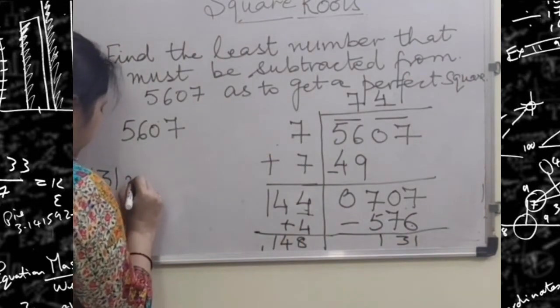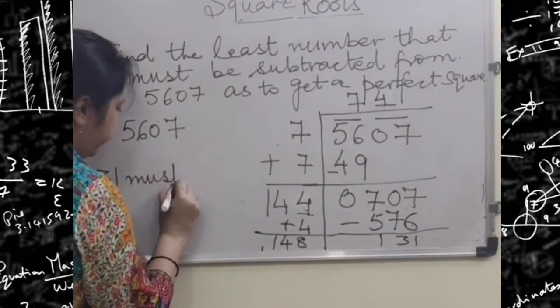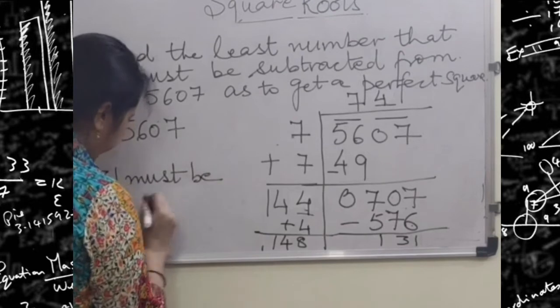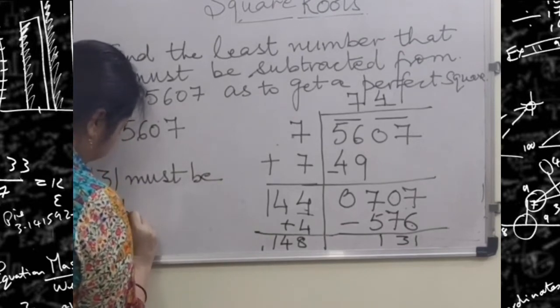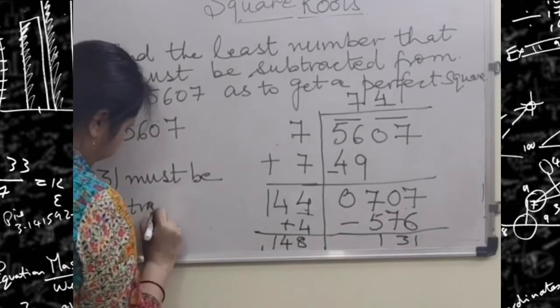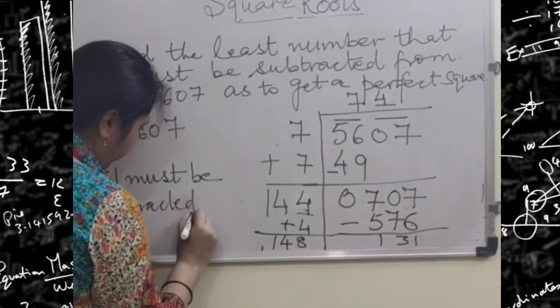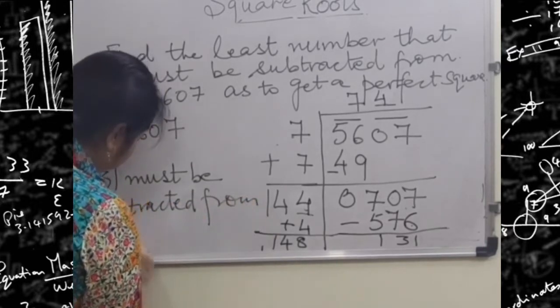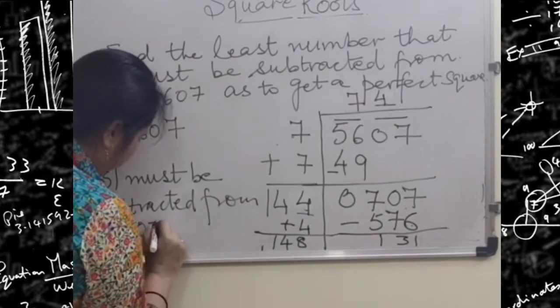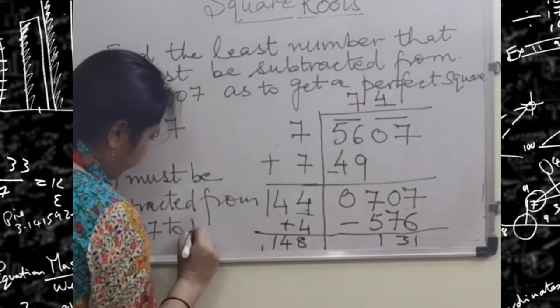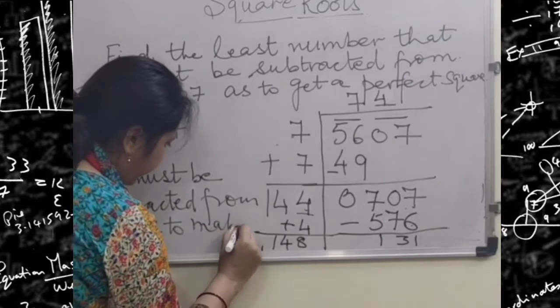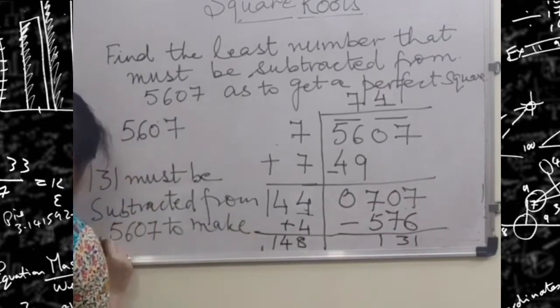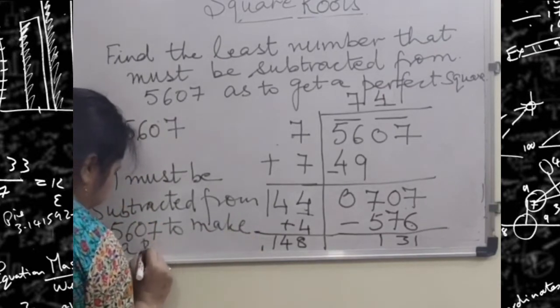131 must be subtracted from 5607 to make it a perfect square.